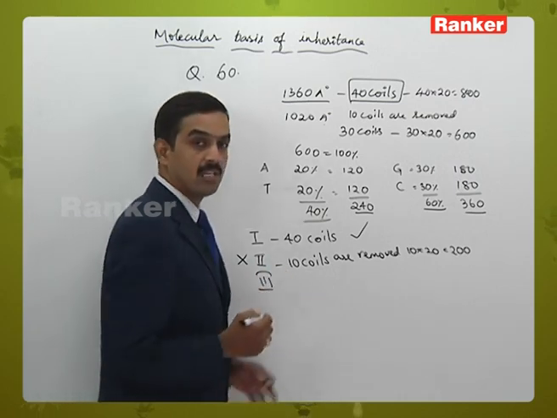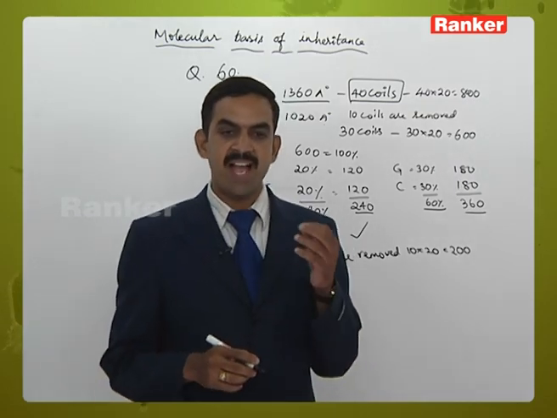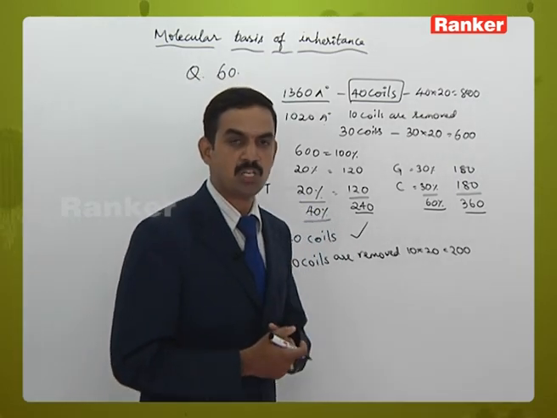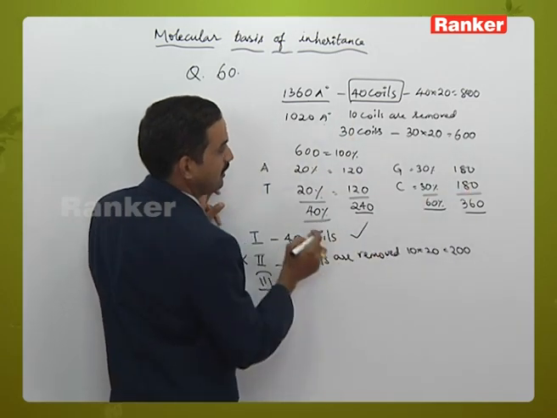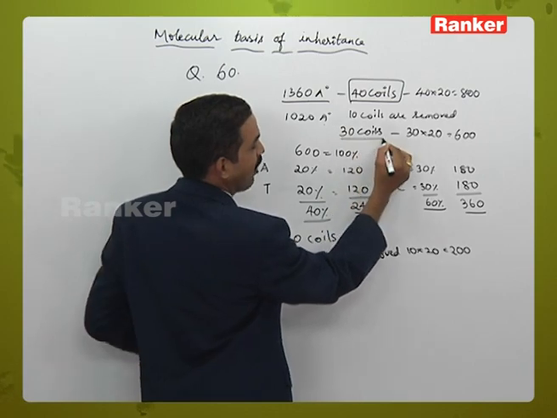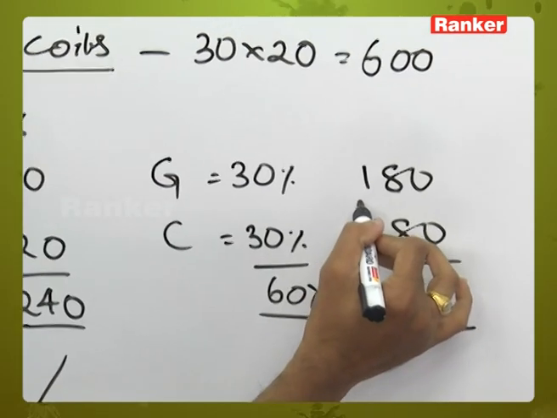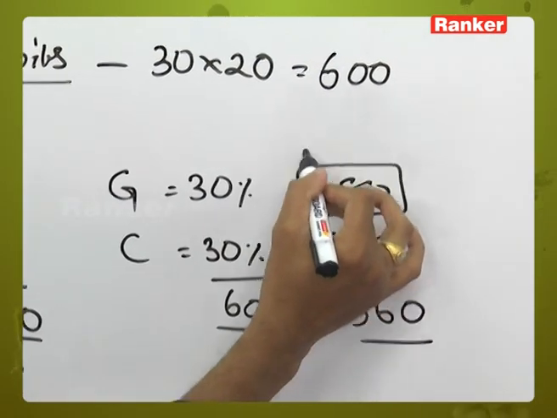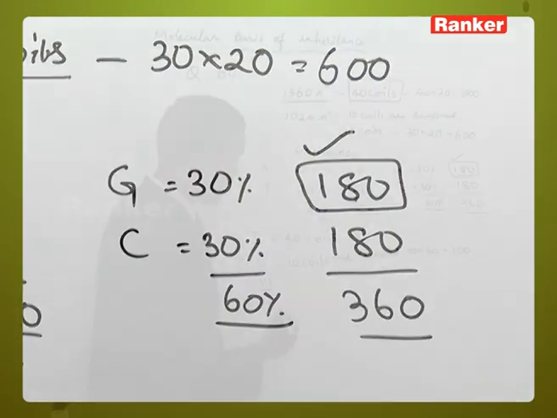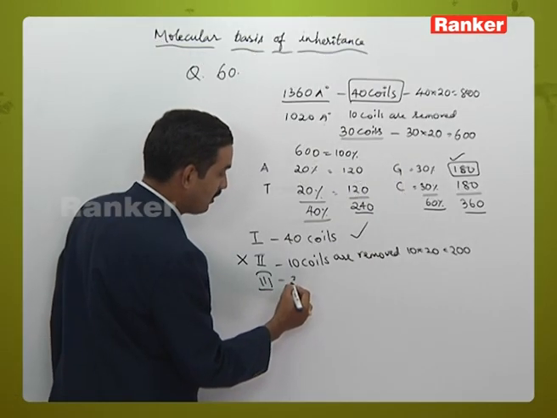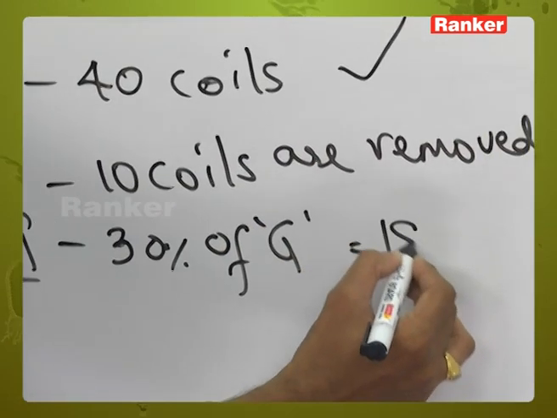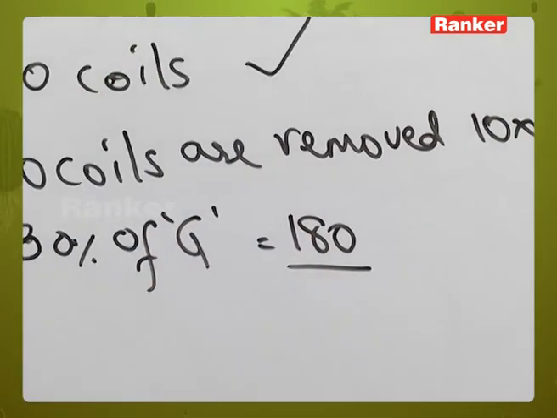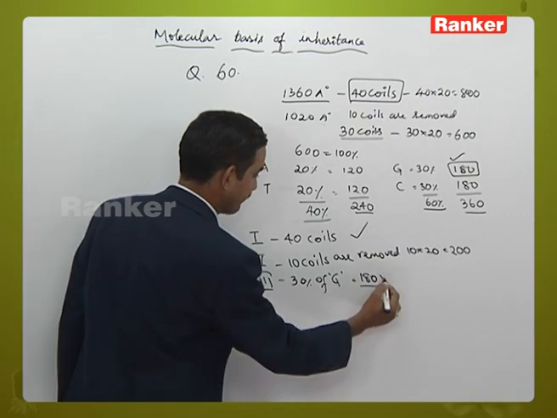And the third one is number of guanines present in the experimented molecule is 180. We already calculated this. How many coils are left out? 30 coils are left out. In that, the number of guanines is 180. Guanine is 30%, which accounts for 180. So this is correct.